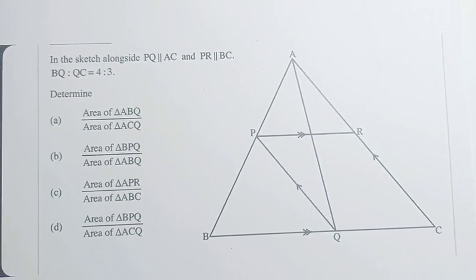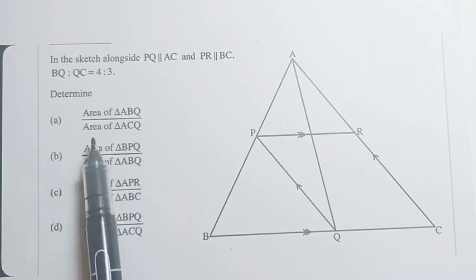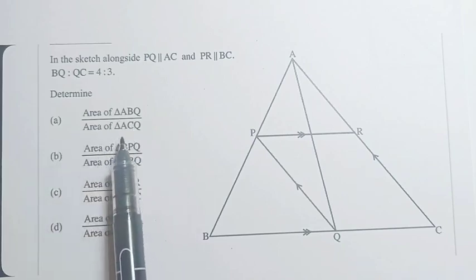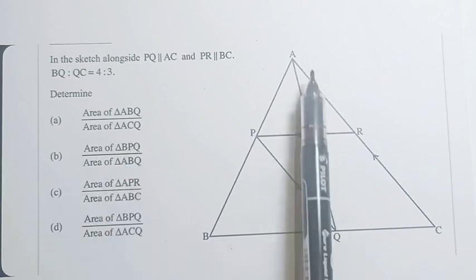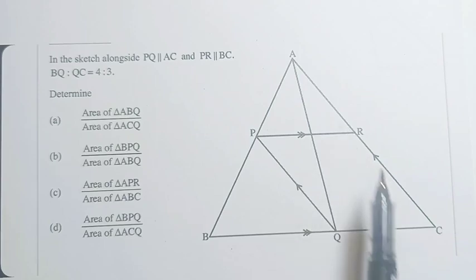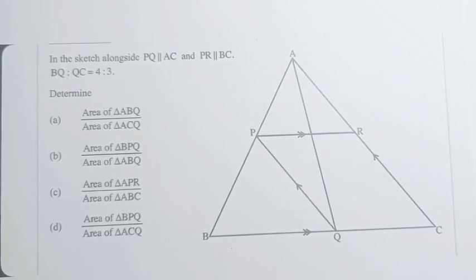So the first question says area of triangle ABQ over area of triangle ACQ. We can see QC is a base of ACQ and BQ is a base of ABQ. So BQ and QC are the bases, and the bases must be on the same straight line.